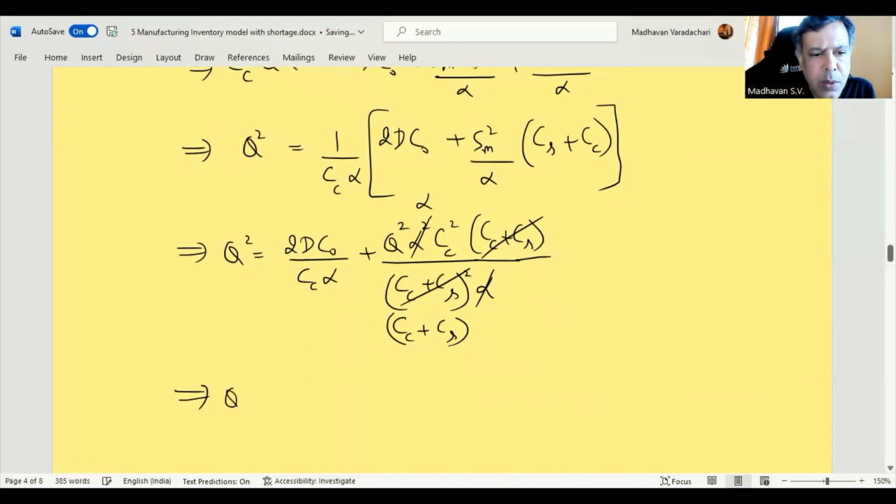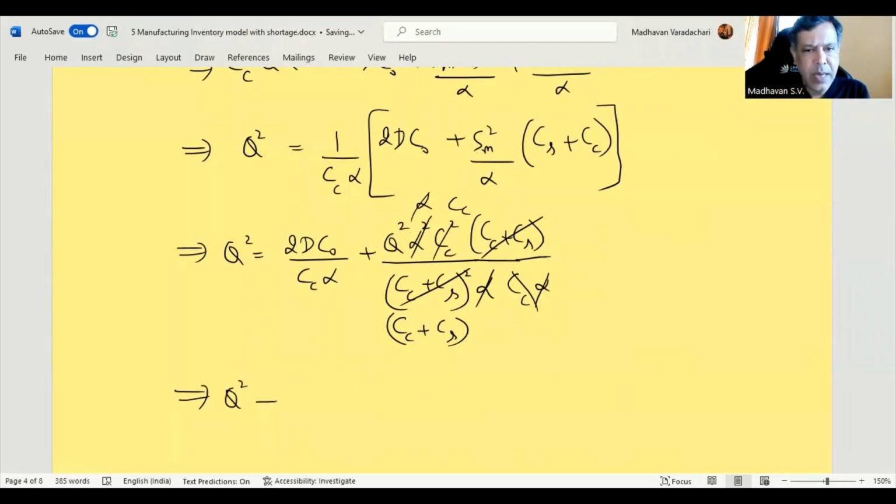So we will have Q square minus Q square. I think when I multiply here Cc, I left this Cc alpha, it should be there. So which means one more alpha gets cancelled. This gets cancelled and this will be simply Cc.